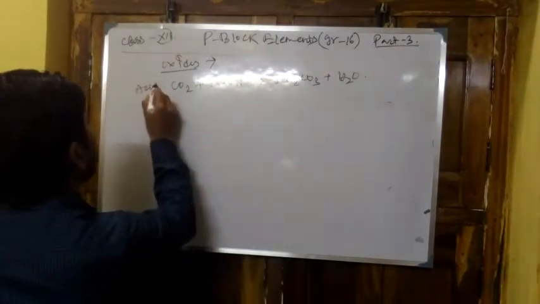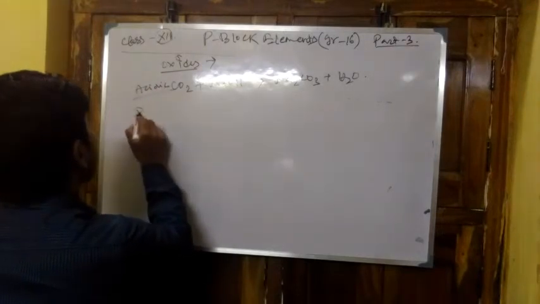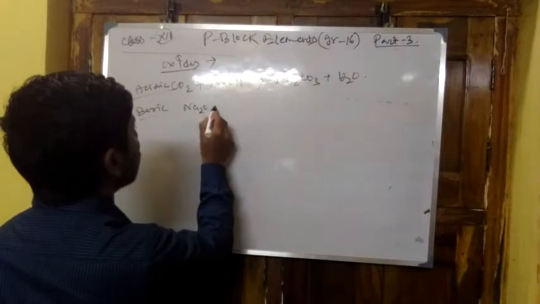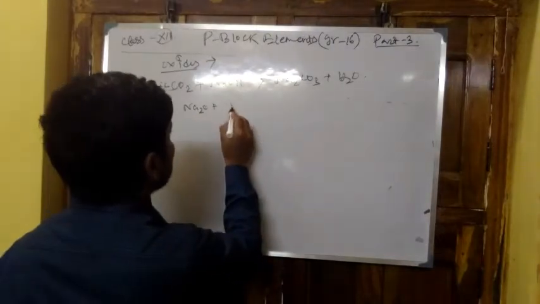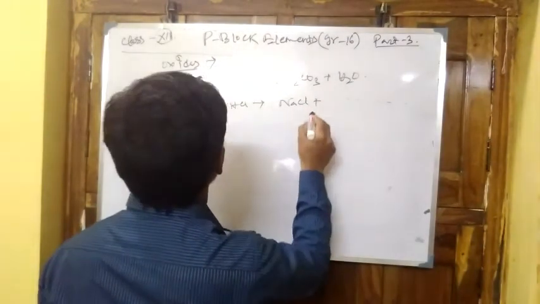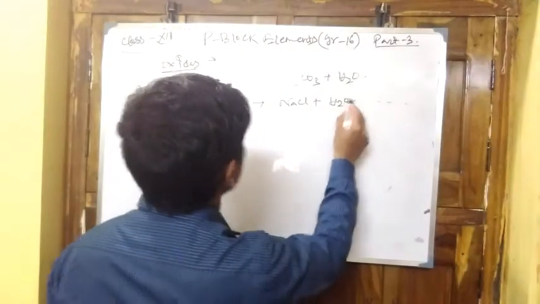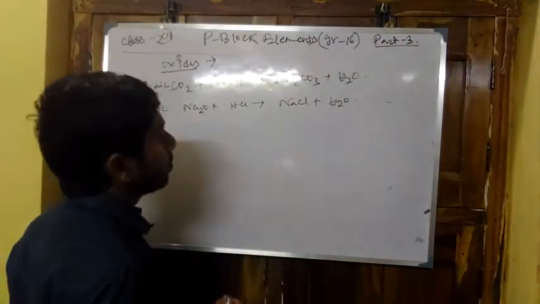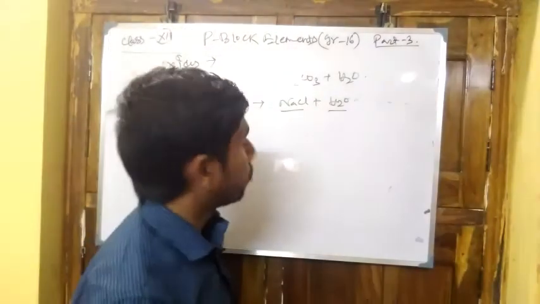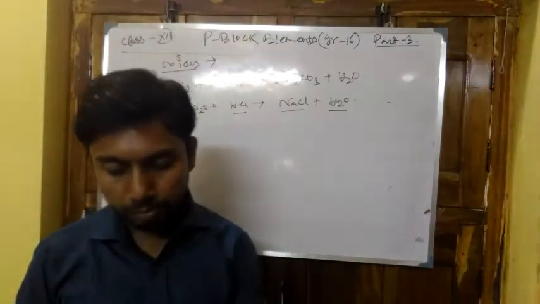Na2O plus an acid HCl forming NaCl plus H2O. So basic oxide plus acid reacts to form salt and water.